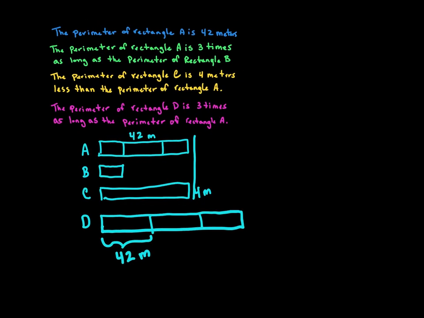So for rectangle B, we know that for one of those, we have 42 meters, and we're going to be dividing by 3 because there are 3 boxes, 3 groups, and B only represents 1 group.